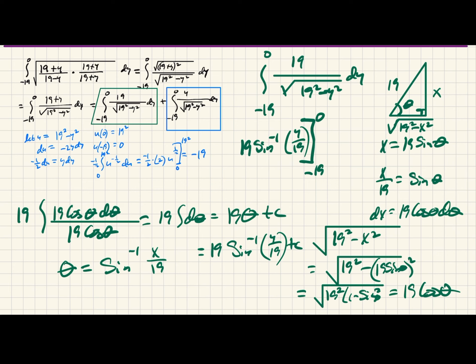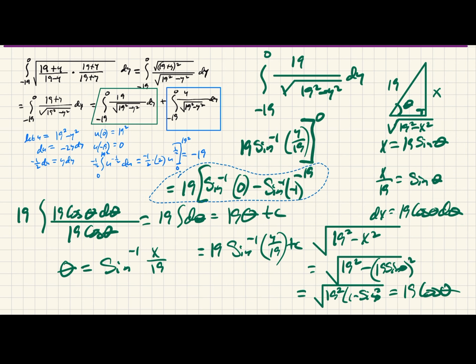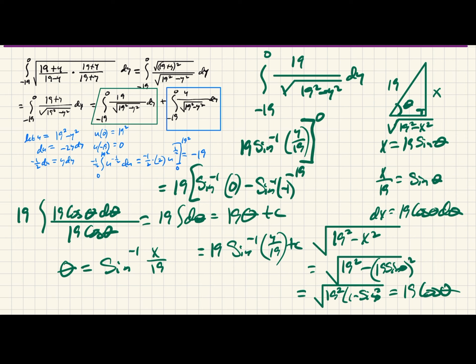Okay, so this is going to be 19 inverse sine 0 minus inverse sine minus 1, right? That's really horribly spaced. There. Okay, so I need to know something about the inverse sine of 0.